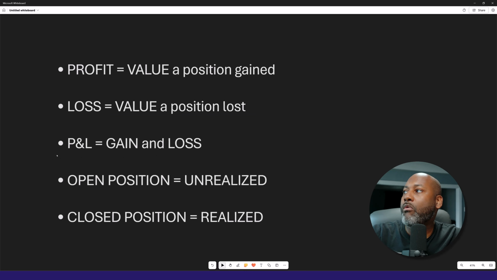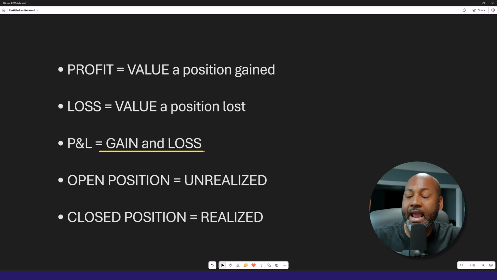Now, we talked about P&L, our profit and loss, but we have not discussed our gain and loss. So this is another term that they use interchangeably. Gain is also profit. Loss is always loss, but they say lost, so that's value that you lost with a T on top of it, and that will be your loss.